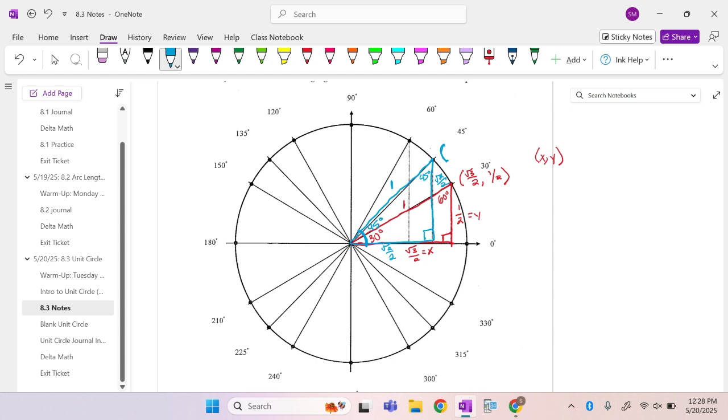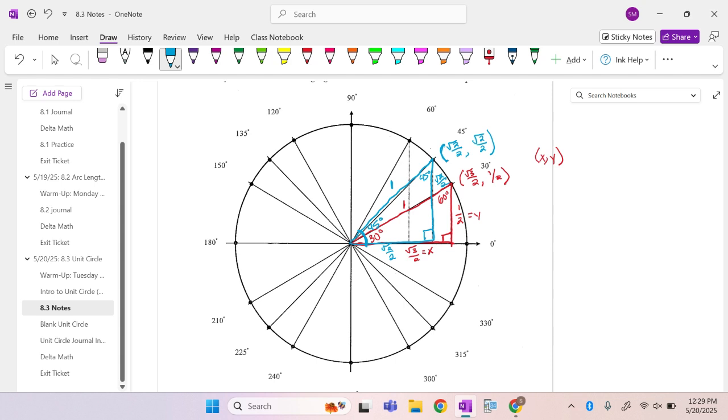Square root 2/2. So that's my x. What's my y? Square root 2/2. That's my vertical distance. So the length of my vertical line. You guys see the pattern? All right.